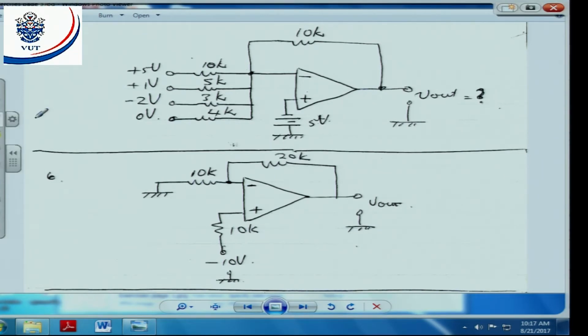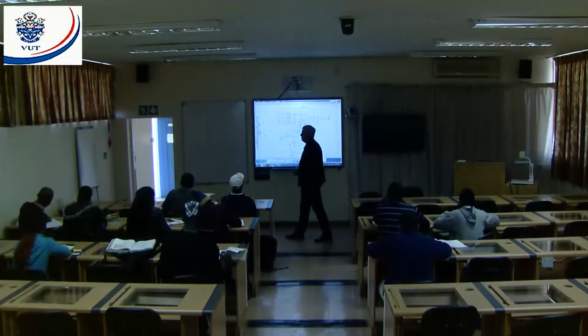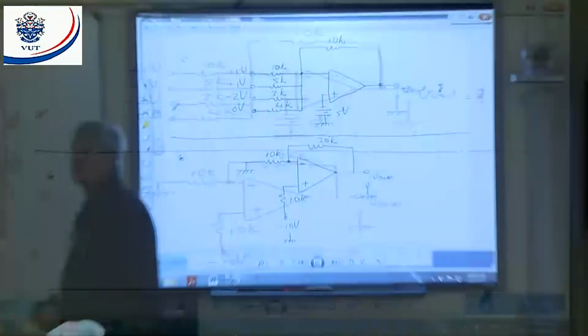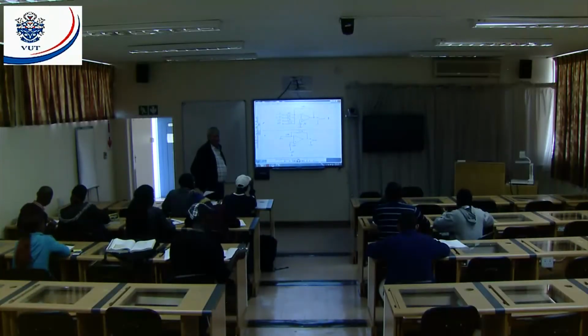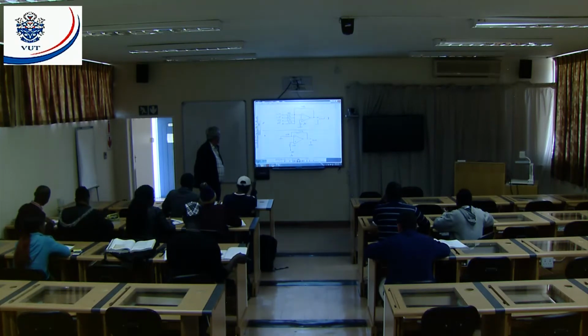That's more on your standard, number 5. Let's have a look at number 5. Well, let's ask somebody else. Our clever friend here in front. What's the output voltage? I made a mistake. I forgot it's a negative 5.